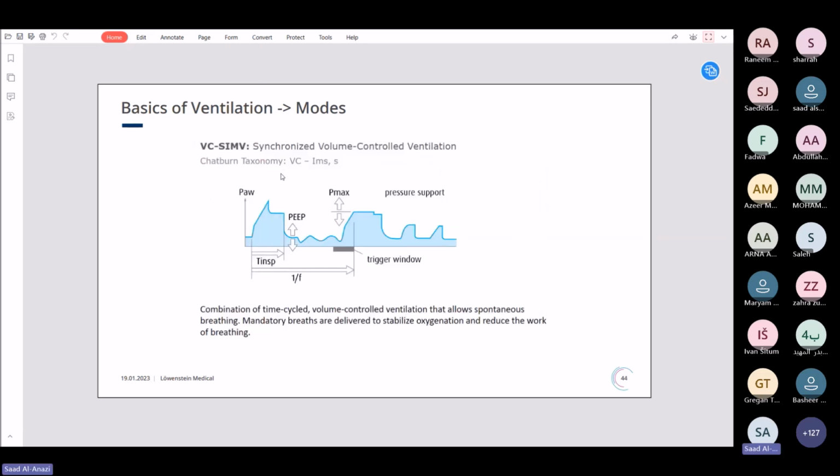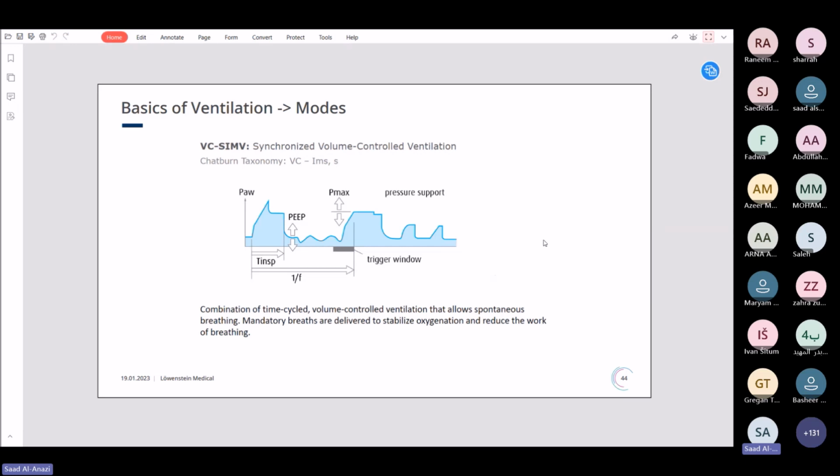We have, as you know, the SIMV mode. What is the SIMV mode? It's two mandatory breaths, as you see here. In between, the patient can breathe spontaneously based on the selected pressure support that you are giving to the patient. This one is really helpful.